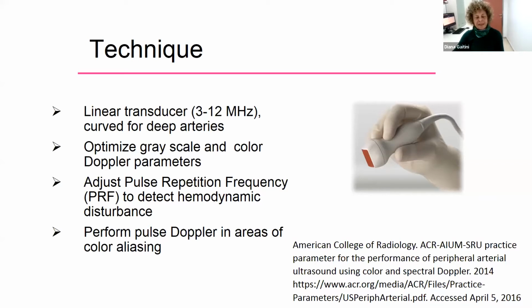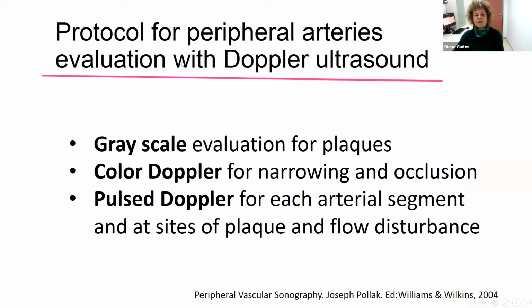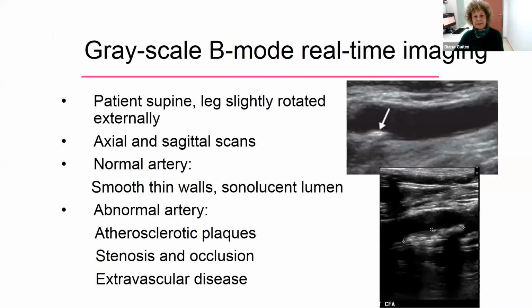We lastly perform pulse Doppler in areas of color aliasing. So the protocol will include the grayscale evaluation for plaques, color Doppler for narrowing and occlusion, and pulse Doppler for each arterial segment and at sites of plaque and flow disturbance.